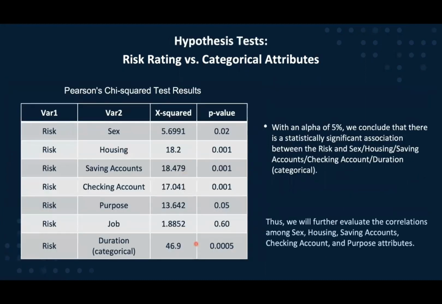Furthermore, we'll give hypothesis tests to figure out what kind of statistically significant association will be selected. And going through this chart will further evaluate the correlations between the sex, housing, saving accounts, checking account, purpose, job, and duration.